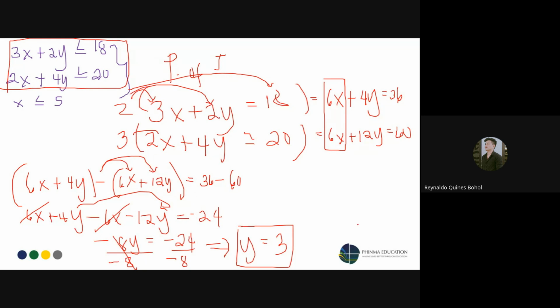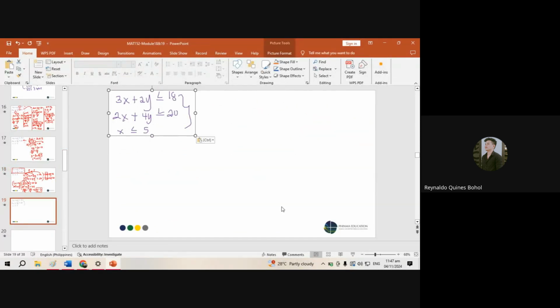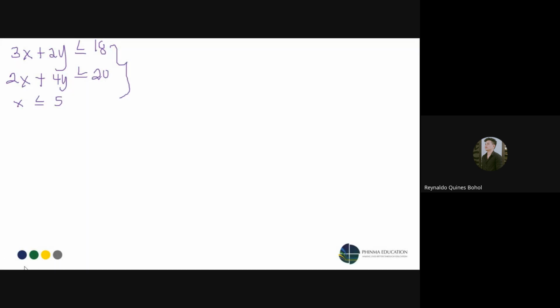Then pili tayo ng isang equation dito. Sa-substitute na natin yung y is equal to 3. Okay? So ilagay natin yung y is equal to 3 sa ating first equation. Ang napili ko is yung ating first equation. So magiging 3x plus 2 times 3 is equal to 18. And 3x plus 6 is equal to 18. Adding like terms.